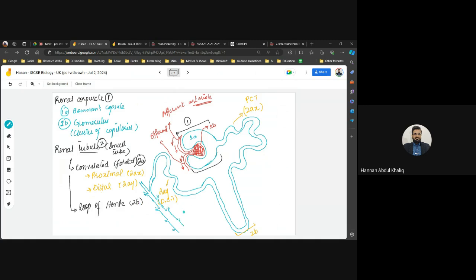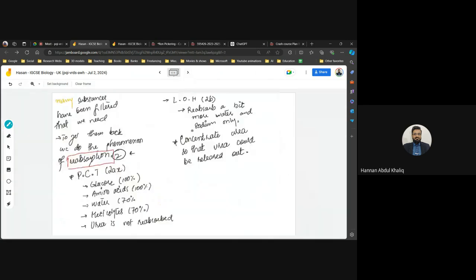This part is called the collecting duct, and it basically collects the urine from 8 different nephrons.